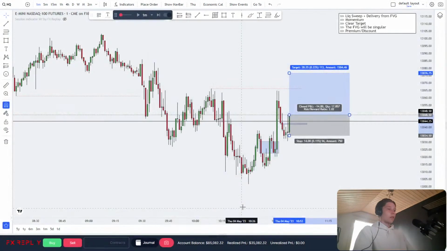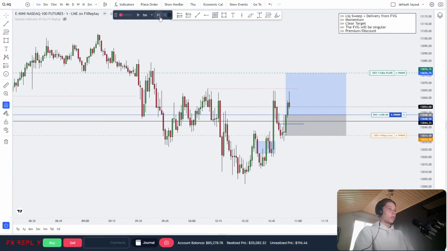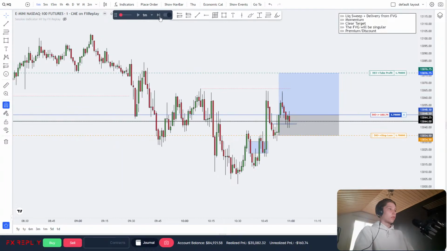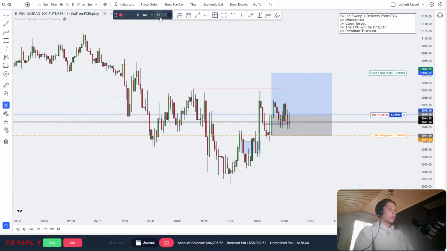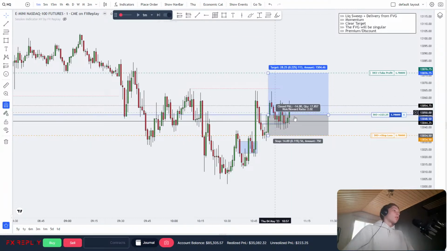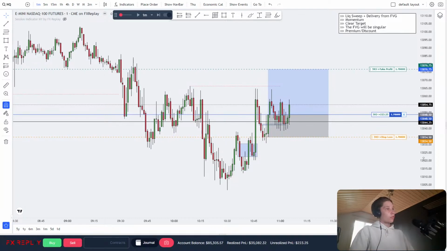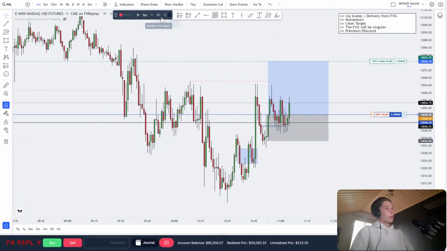So I'm again taking only 1%. Okay, it starts to chop. It doesn't really hit any of those highs, so we shouldn't go break even. But I don't like the price action.